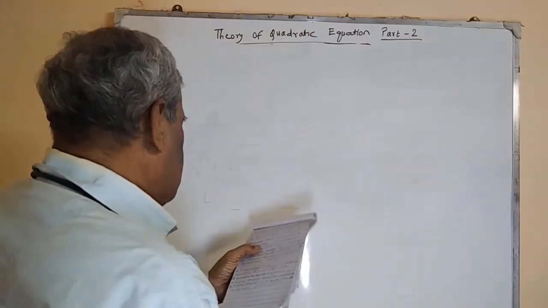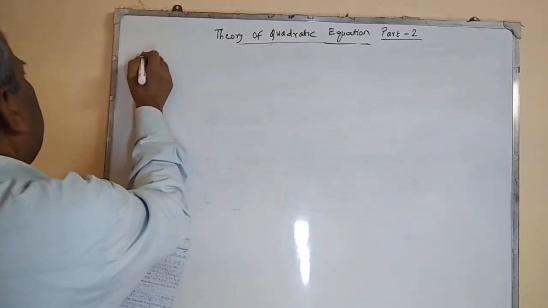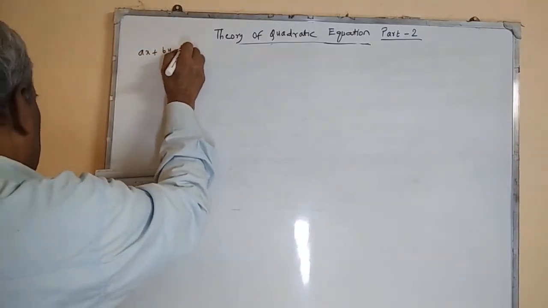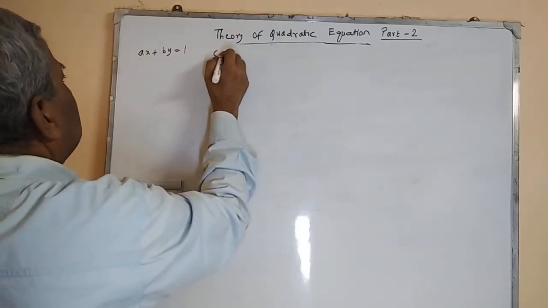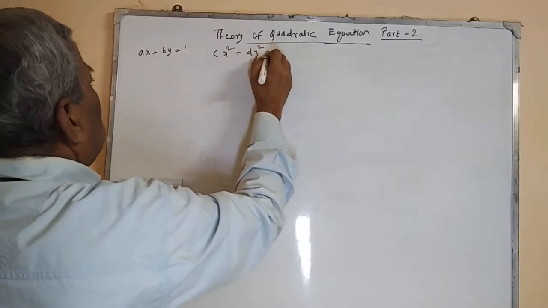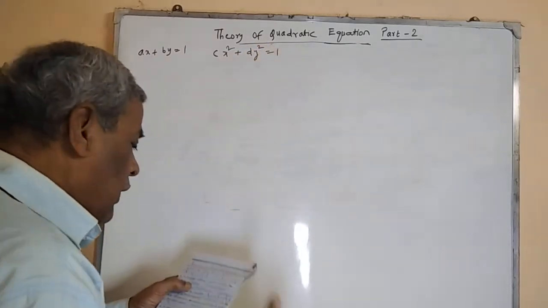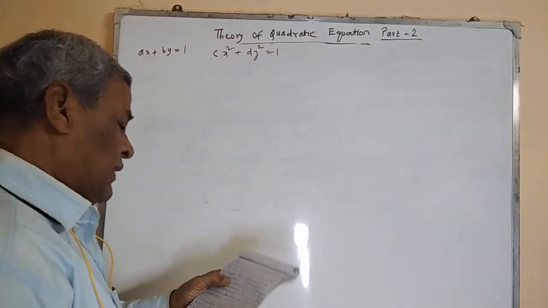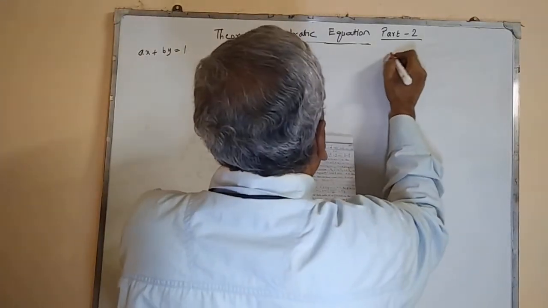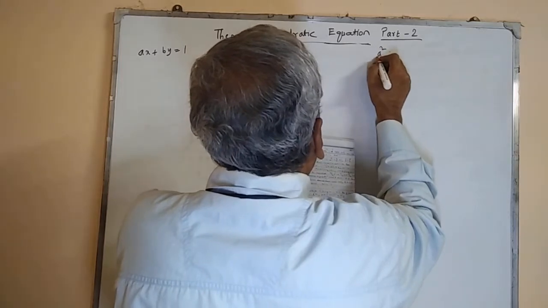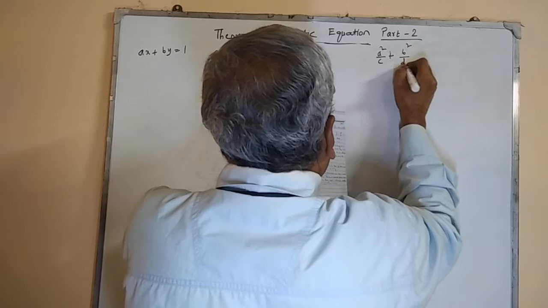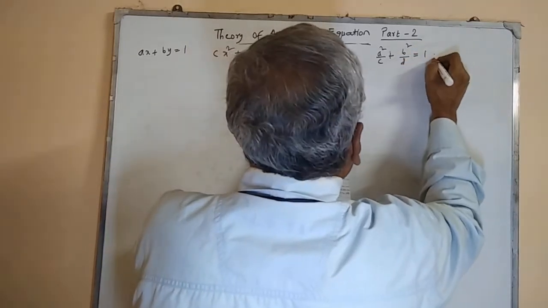The next problem is, if ax plus by is equal to 1 and cx square plus dy square is equal to 1 have only one set of solution, then which one is true? Option 1, a square by c plus b square by d is equal to 1.